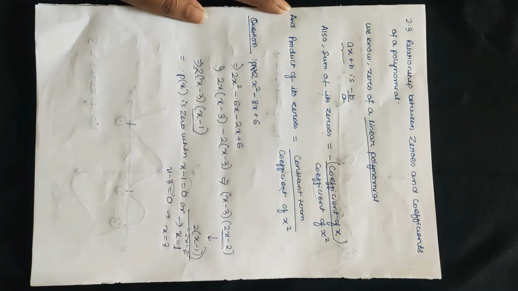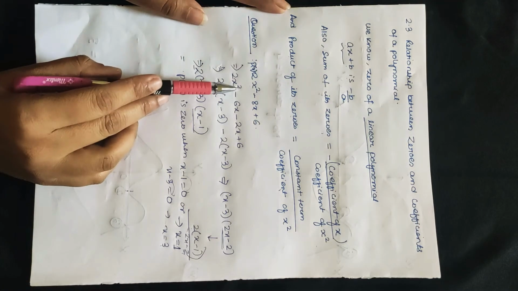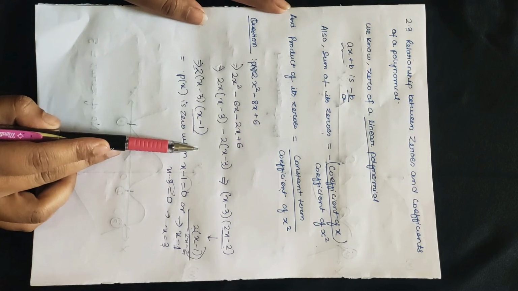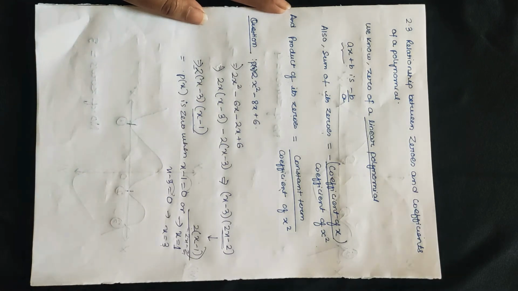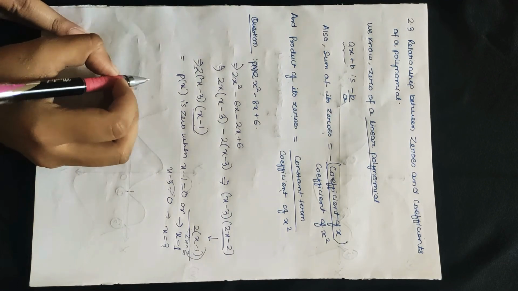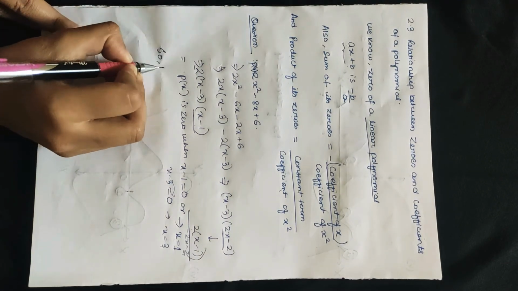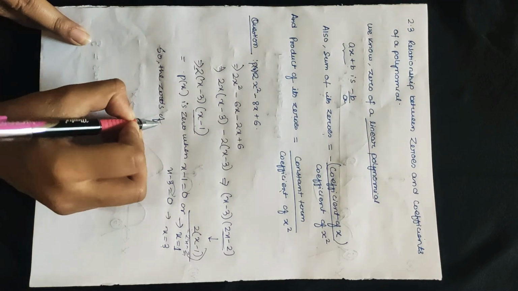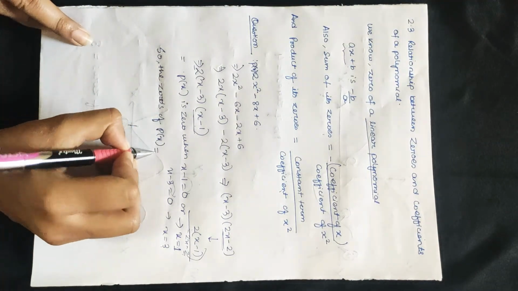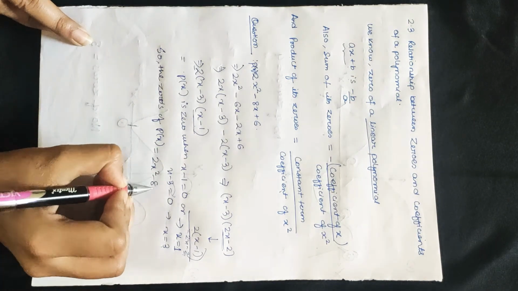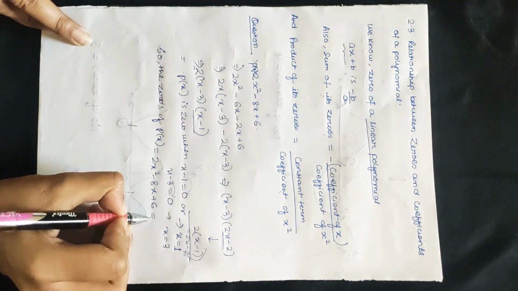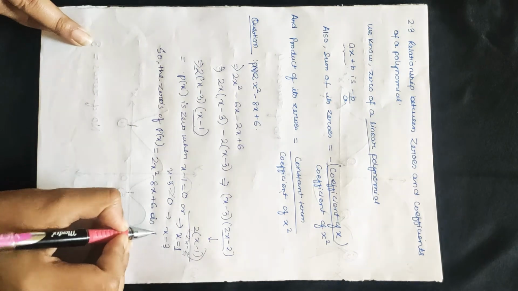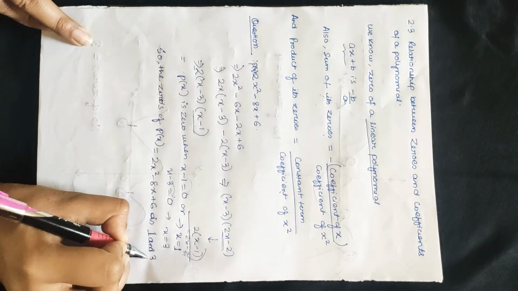That means when the value of x is 1 or 3, if we put it in the polynomial, we get the value to be 0. That means they are the zeros of the polynomial. So the zeros of the polynomial p(x) equals 2x square minus 8x plus 6 are 1 and 3.